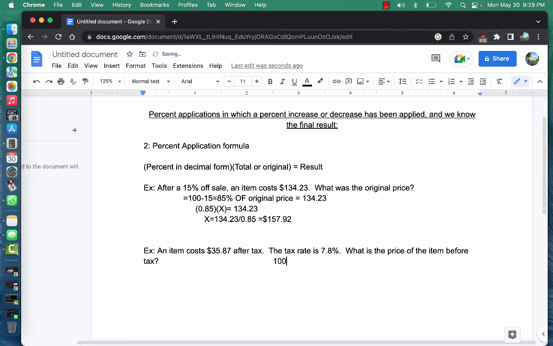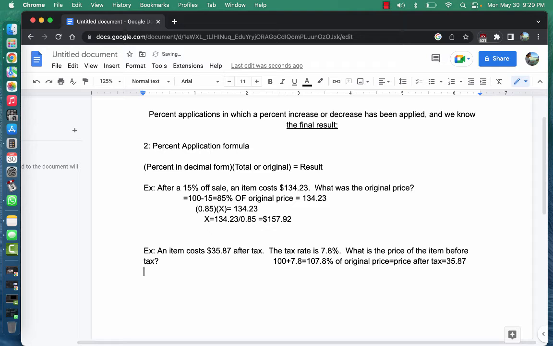So here we're going to pay 100% of the price tag plus 7.8%, and that's going to be 107.8% of the original price that we're going to pay, because that 7.8% was added on. So let me write that in this form: 107.8% of original price equals price after tax, which is the 35.87.